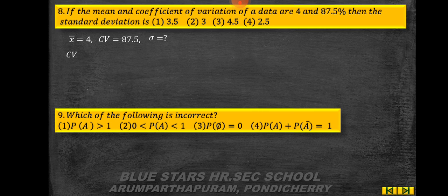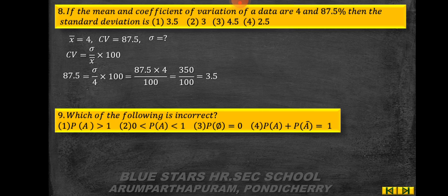We know the formula for coefficient of variation, that is CV is equal to sigma by x bar into 100. So 87.5 is equal to sigma by 4 into 100, which implies sigma is 87.5 into 4 by 100, which is equal to 350 by 100, which is 3.5. So the correct answer is 3.5 and the option is 1.